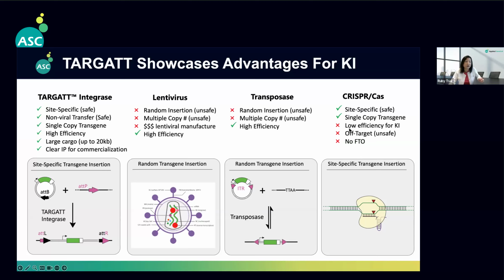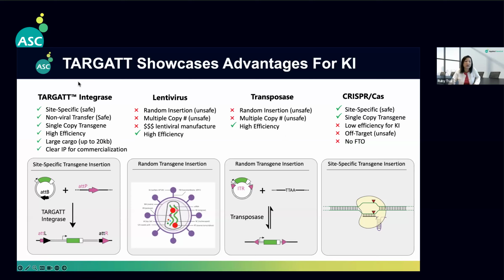And there's low efficiency for knock-in. So really, the CRISPR-Cas9 system cannot be used for knock-in at this moment. If you look at all these clinical trials that are currently using CRISPR, none of them use knock-in. All these first drugs are knockout in nature or very small nucleotide changes using CRISPR.